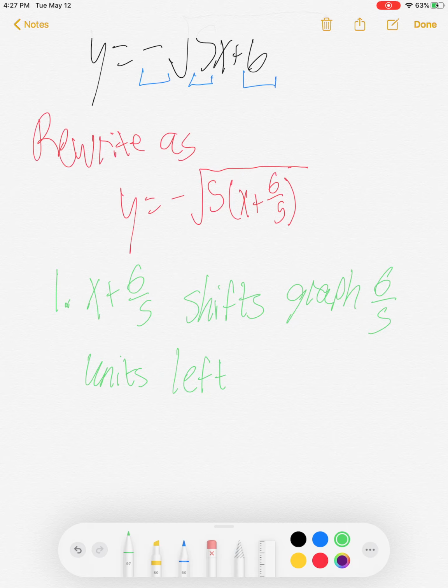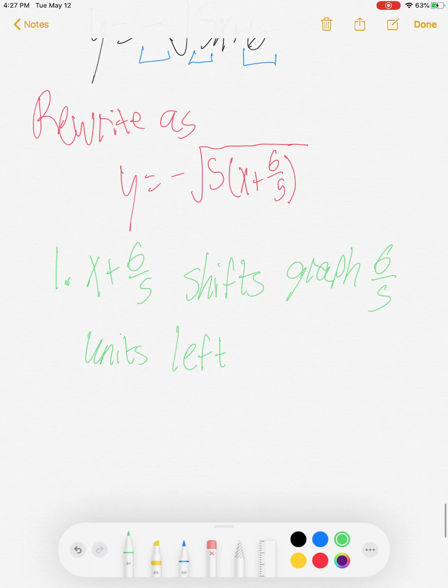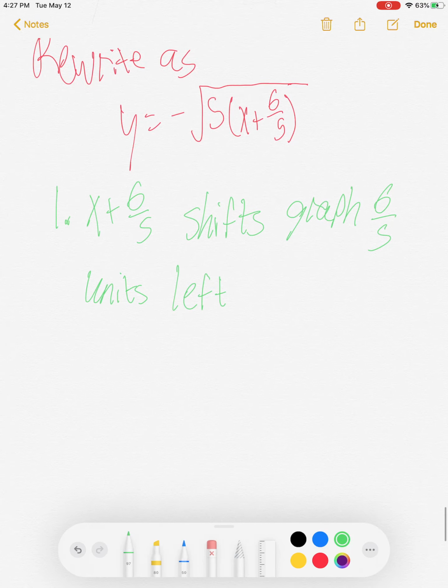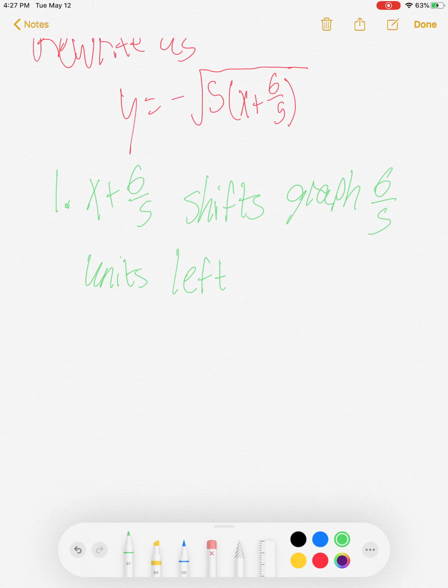It's kind of counterintuitive how plus 6/5 moves us in the negative x direction, right? It moves us left. It kind of feels like it should move us in the opposite direction, but in any case, this is how it works. That's a tricky thing to watch out for, a common mistake. I had the hardest time getting that through my head when I learned this stuff the first time, that doing plus 6/5 actually moves it in the negative direction.